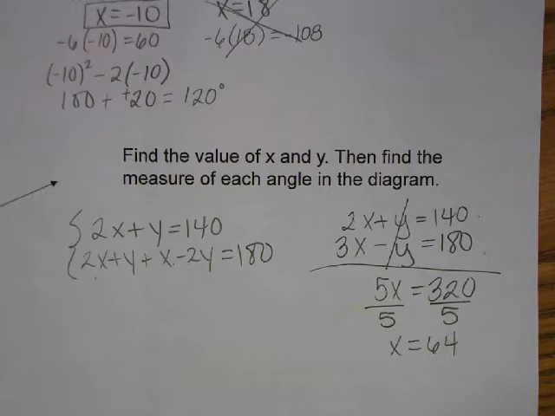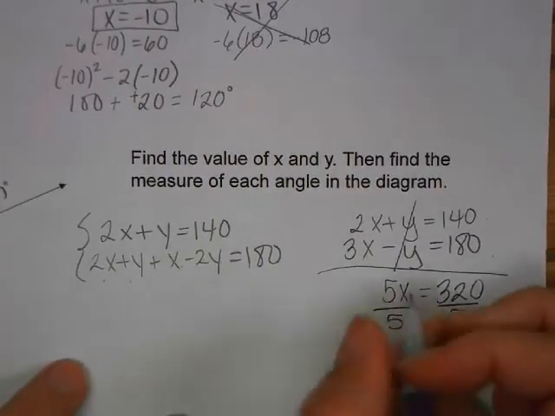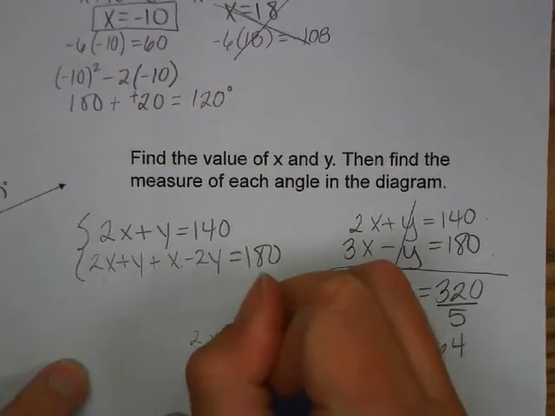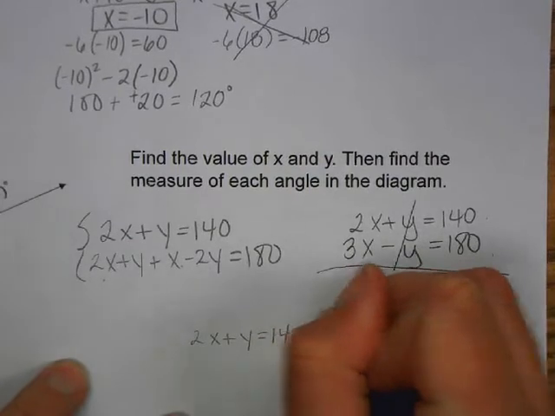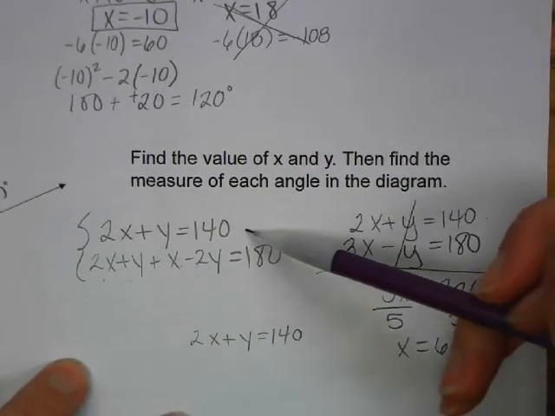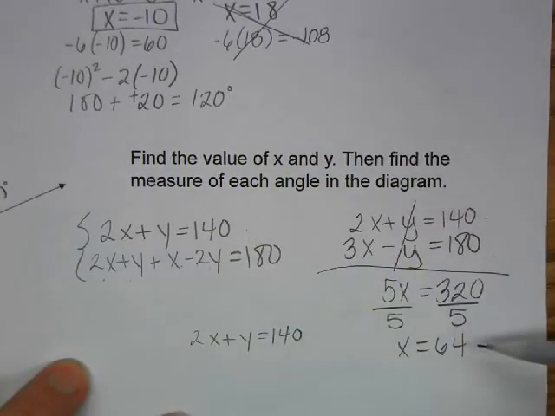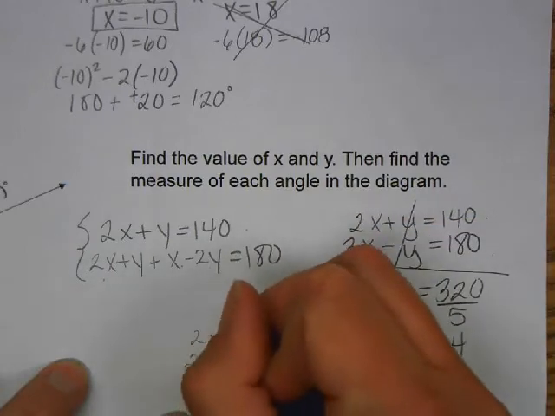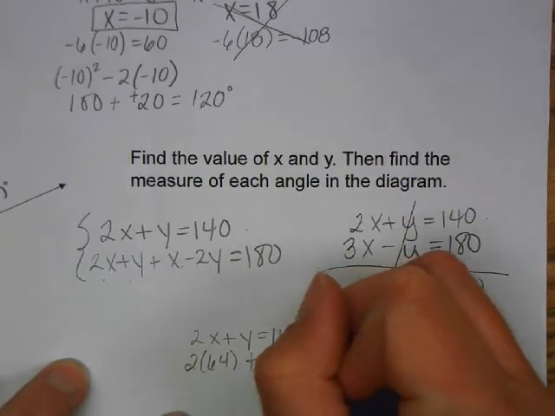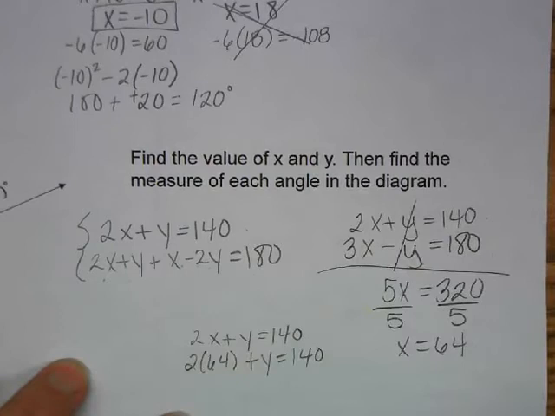And now I have to go back in and get y. So I'm going to stick with the top equation. So I'm just going to write 2x plus y equals 140 because I already know that because they're vertical angles. And I'm going to substitute 64 in for x and solve the equation for y.